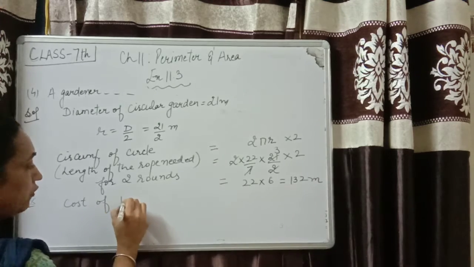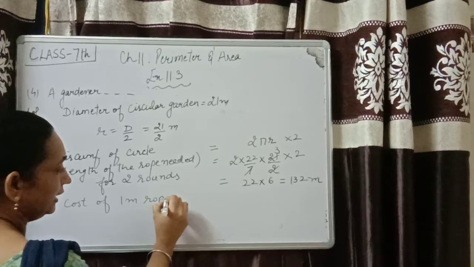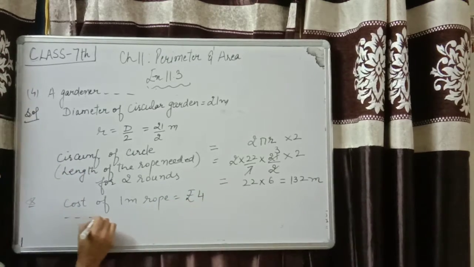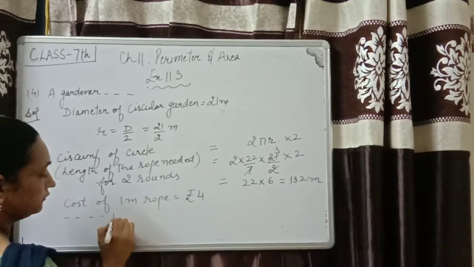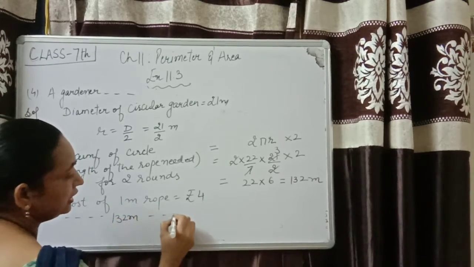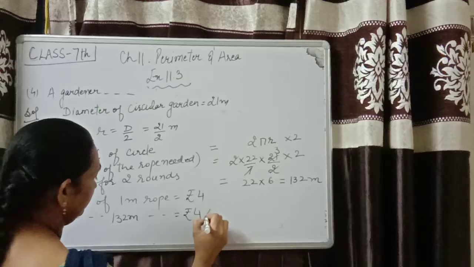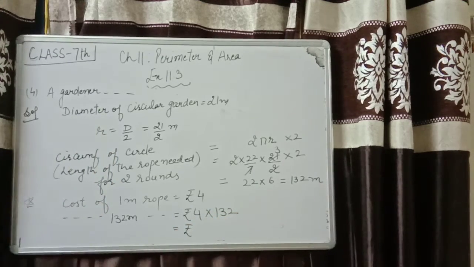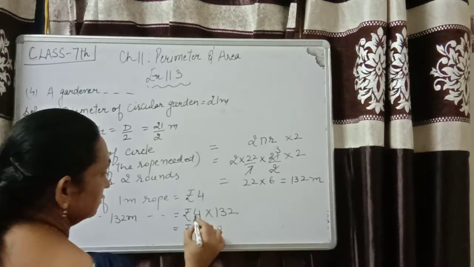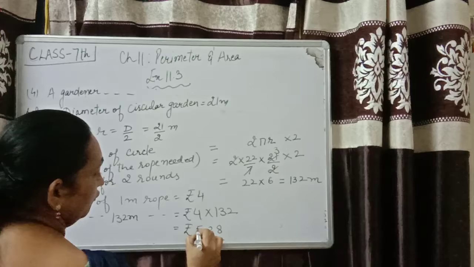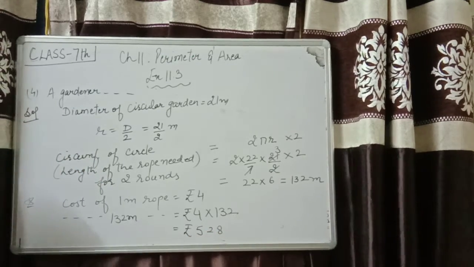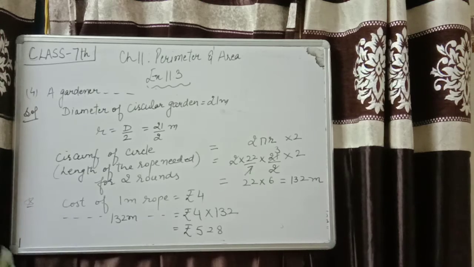Cost of 1 meter rope is ₹4, and our length of rope is 132 meter. So how much do we need? ₹4 multiply 132. So when we multiply this, what will be the answer? That is 528 rupees. So hope you understand this question, and then move to the next one.